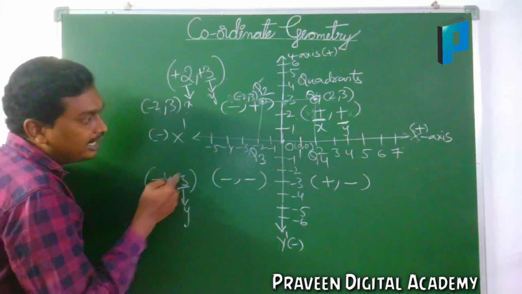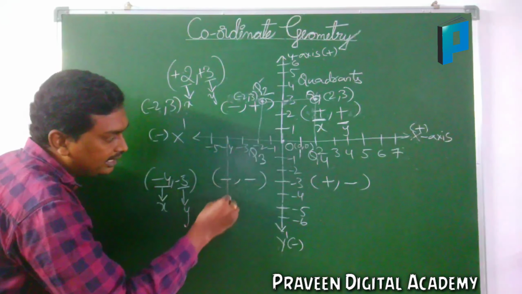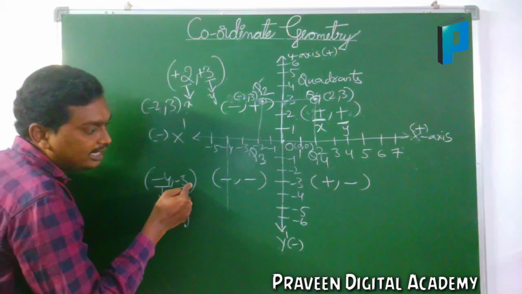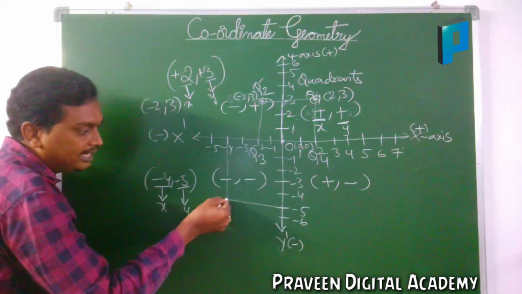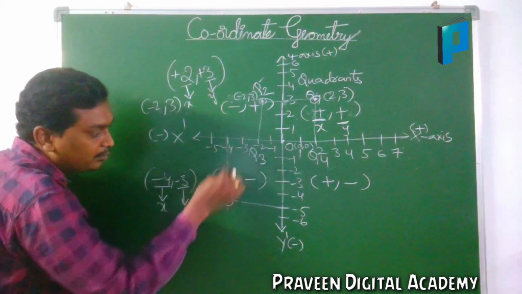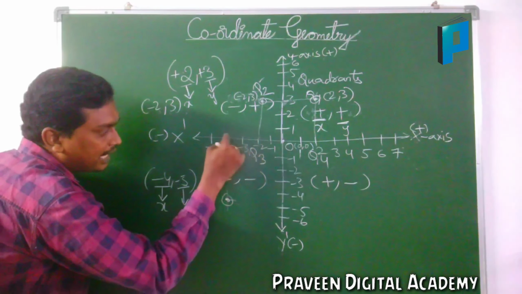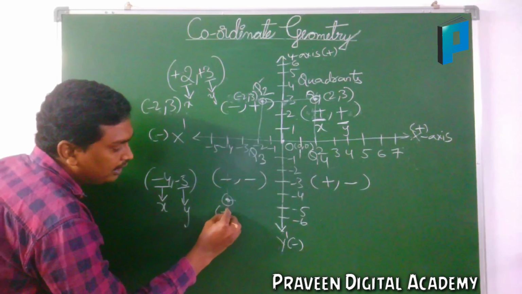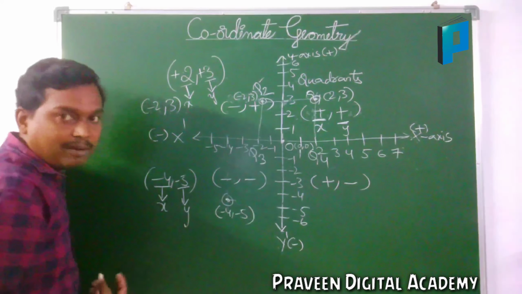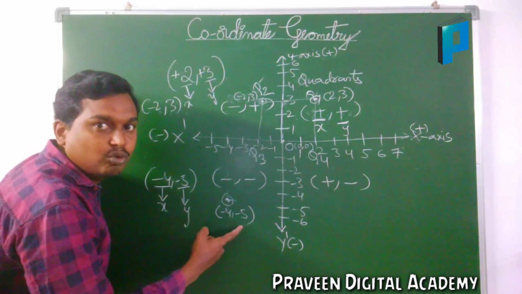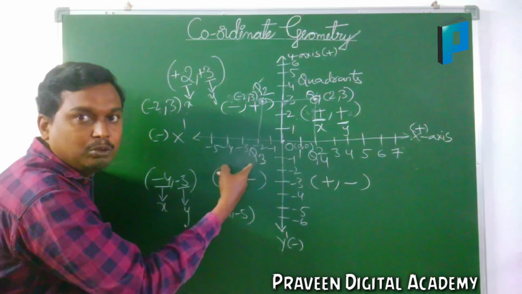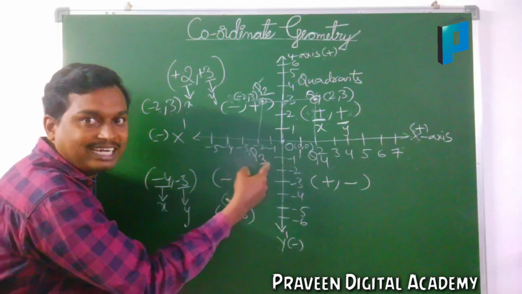The x coordinate is minus 4, the y coordinate is minus 5. Where minus 4 and minus 5 meet is the point (minus 4, minus 5), and it lies in Q3. Q is nothing but quadrant.